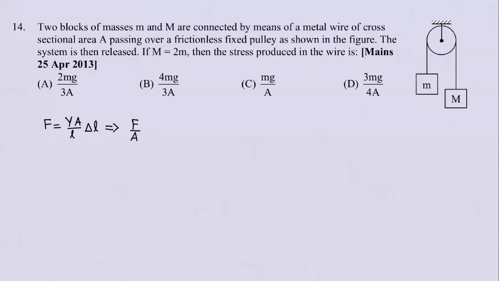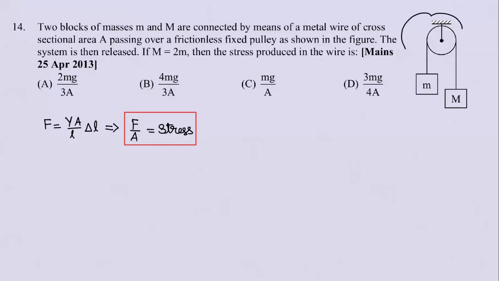So what is the force in the string? Very simple. Force in the string is nothing but tension. If you can calculate the tension, and the area is given there, then I think job done. Personally, I feel elasticity will give you only one formula: stress is equal to force by area. That's it.